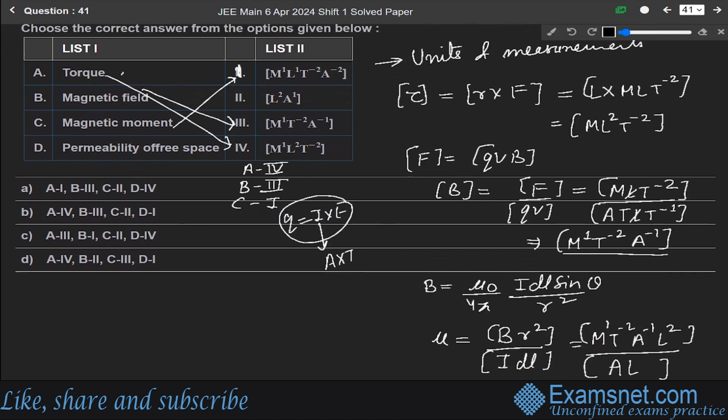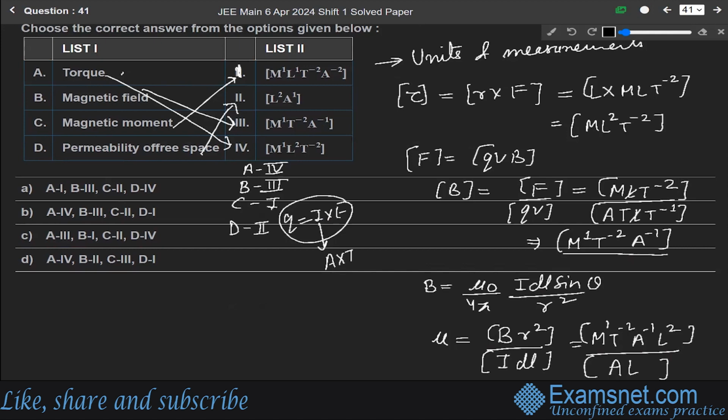And permeability of free space, obviously this matches with L square A1. So from these, D matches with second. So A matches with 4, B matches with third, C matches with 1, and D matches with second.